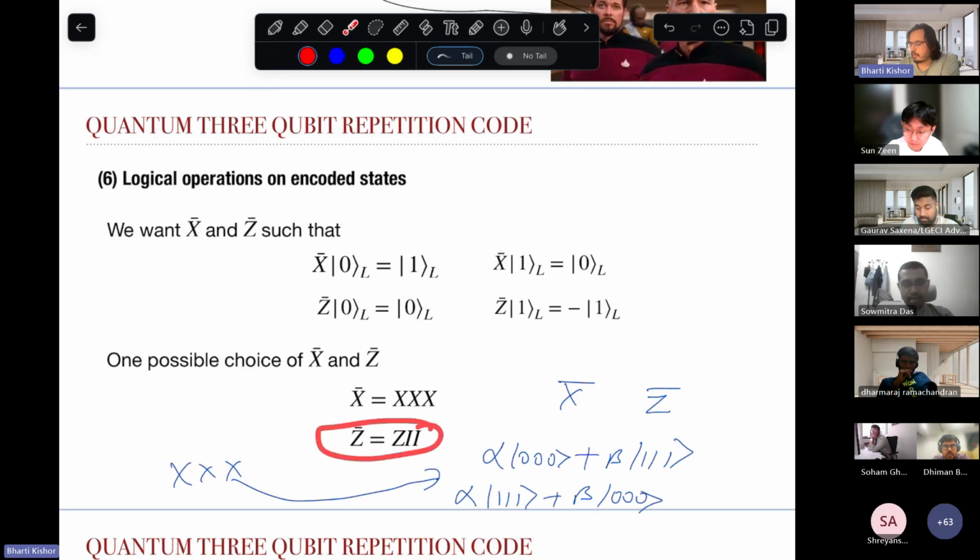And for Z, one such choice is ZII, so that can induce a phase, and that works. One can ask, why are we saying one possible choice of X and Z? This is because many choices exist, and using the stabilizer formalism, you can figure out what the different choices for logical X and logical Z are.